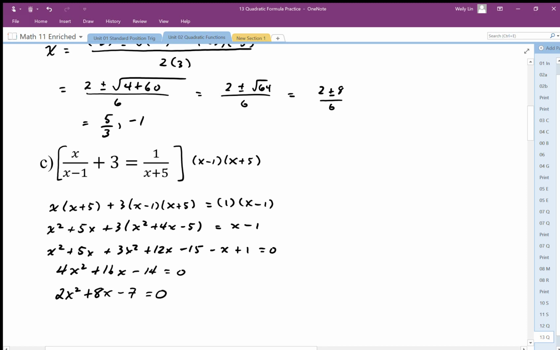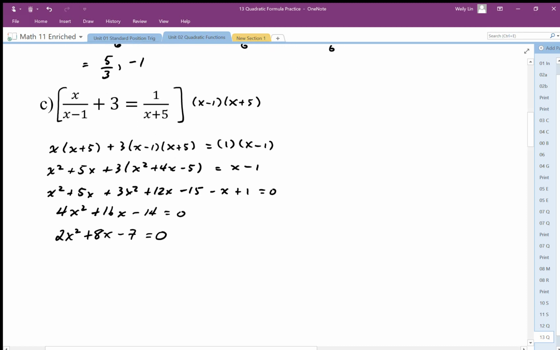Now, whether I do this or not doesn't make any difference to the solution. The only thing this does is make the numbers smaller or easier to work with. And again, the reason why I can do this is because this is an equation. I can divide both sides by the common factor of 2.